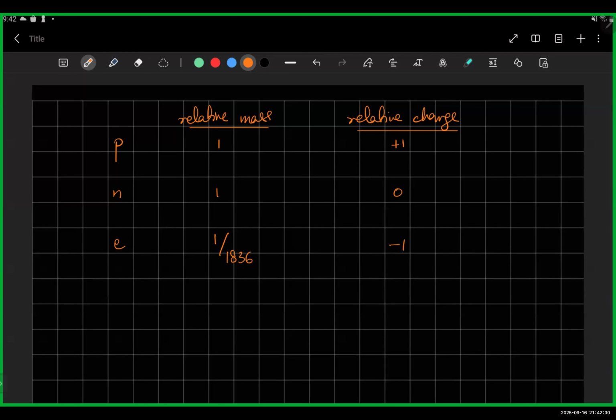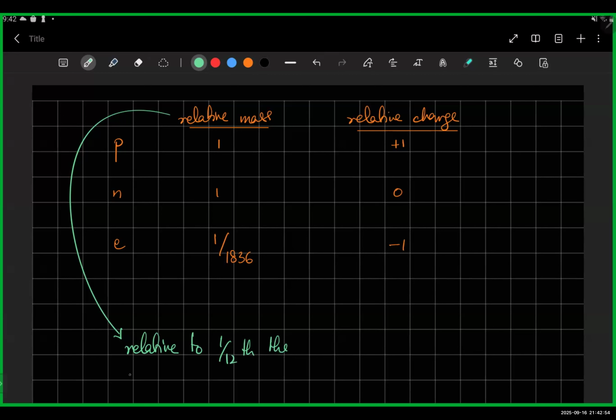Now, the first thing that you need to understand is what is a relative mass, right? What does that mean? Relative to what? Okay, so it's relative to 1/12. All masses in chemistry are relative to carbon 12.